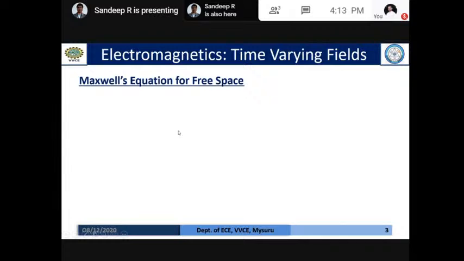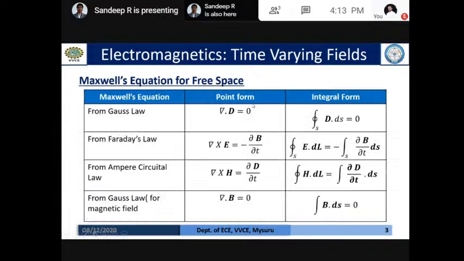The next one is Maxwell's equations for free space. Again, this is for the time varying fields. The only difference here is in the first equation, del dot D will be equal to 0 because in free space, there is no charge. Rho V is equal to 0. And in the third equation, J is equal to 0, because J is given by conductivity into electric field intensity.